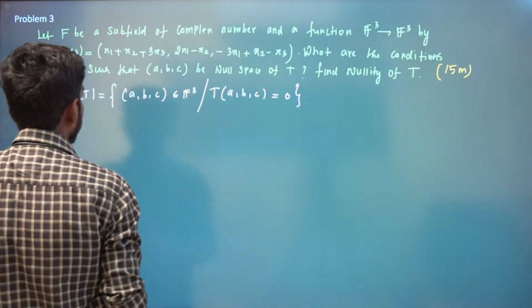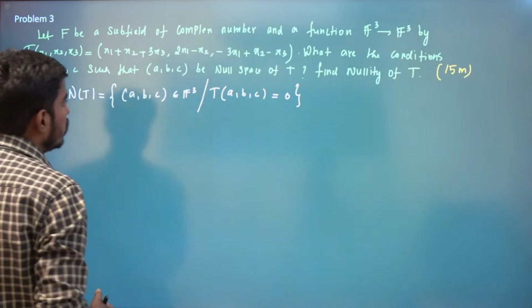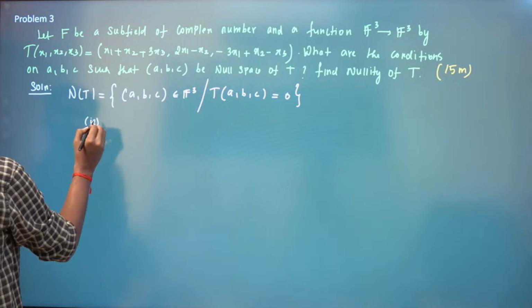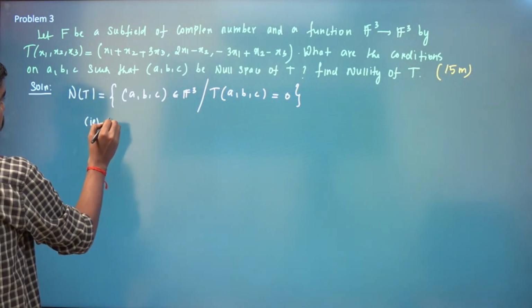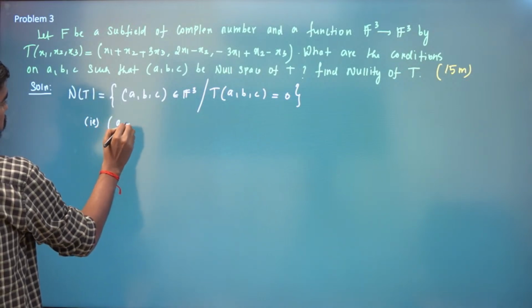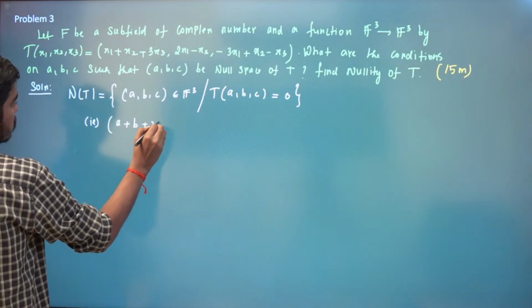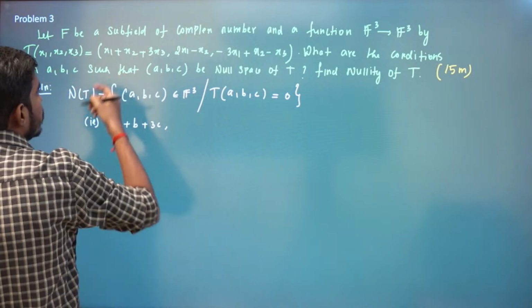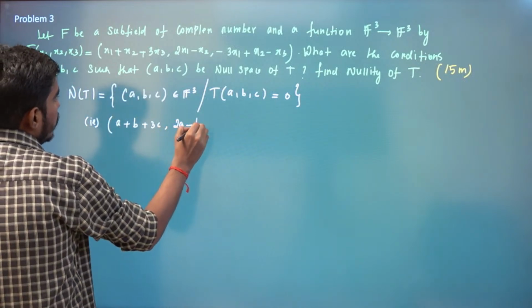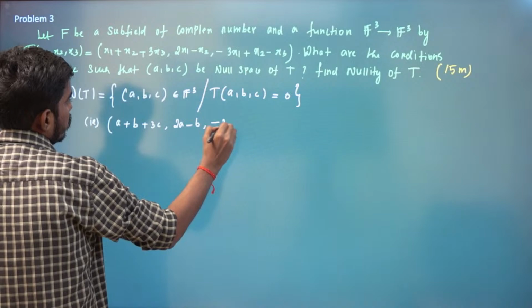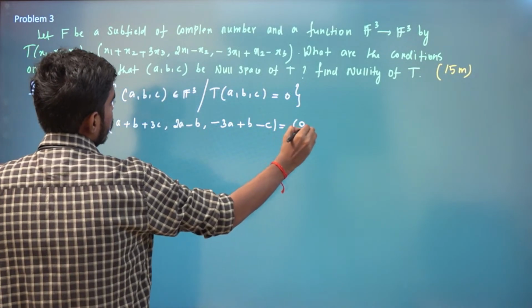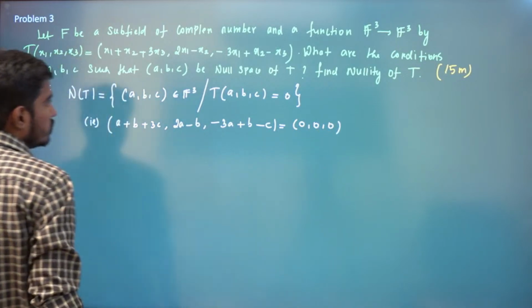What is T of (a, b, c)? T(a, b, c) is (a + b + 3c, 2a - b, -3a + b - c), then T of (x1, x2, x3) we know, right? That has to be a zero vector of F^3.